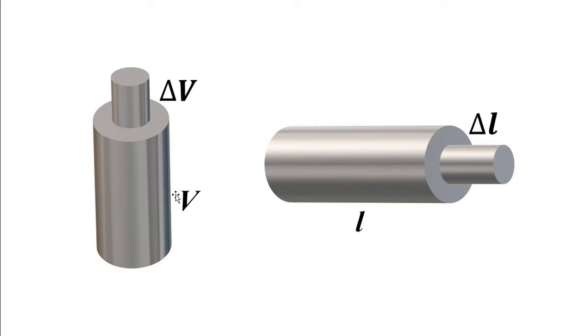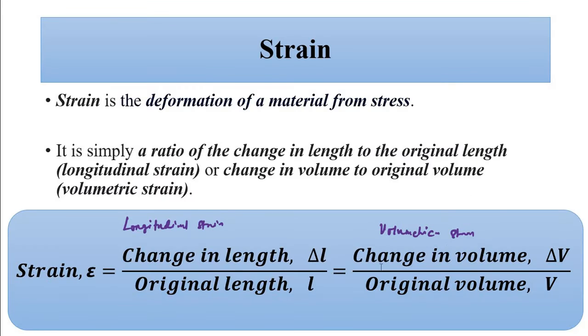In this case the length decreases, and in this case the length increases. So here is the change in length and the change in volume that has happened. Volumetric strain is the change in volume to the original volume. Longitudinal strain is the change in length to the original length. So this is the concept of stress and strain.